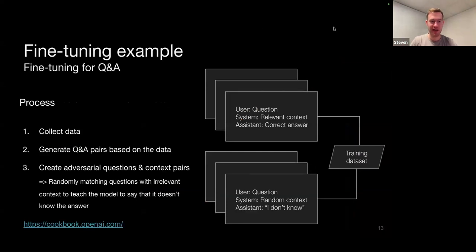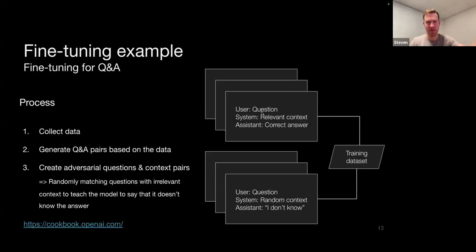This was actually the answer to Simon's question from earlier. But this is in our cookbook for the Q&A examples, where you're fine-tuning a model to respond more often with I don't know, reducing hallucinations by adding both questions that you're allowed to answer from.